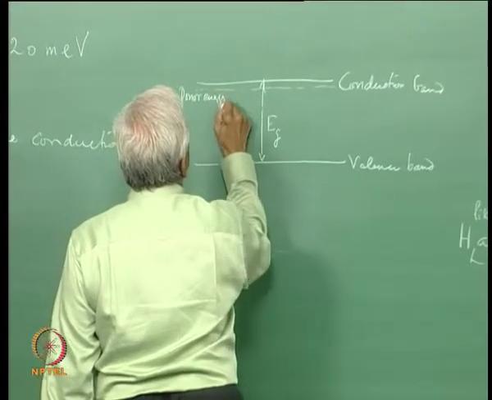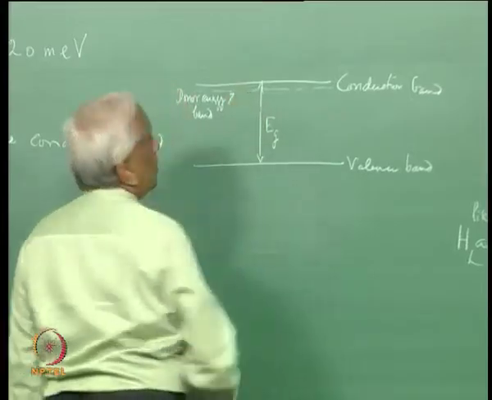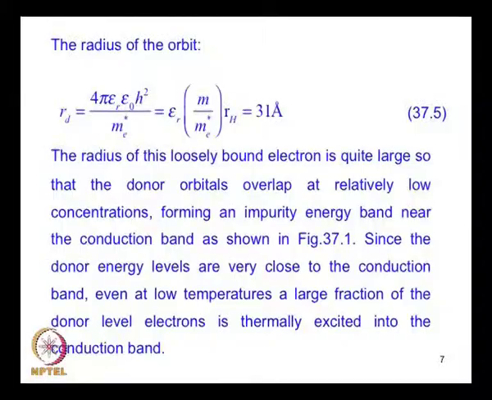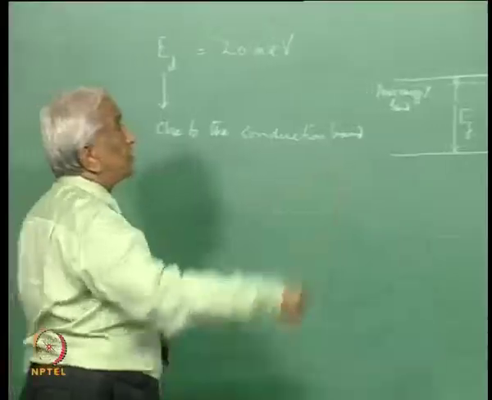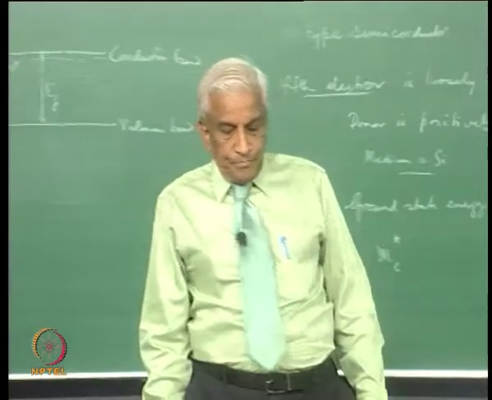It is an extremely small quantity, the distance between them, and the radius of this orbit is also very large. So, there is a big overlap between the orbits of the neighboring ions, and therefore, this forms a donor band.